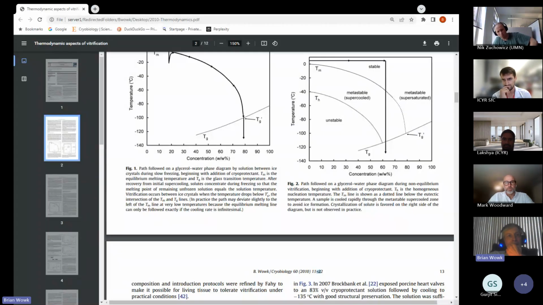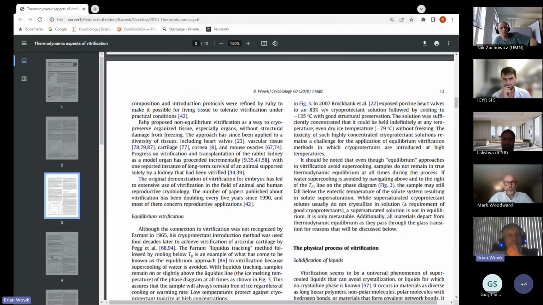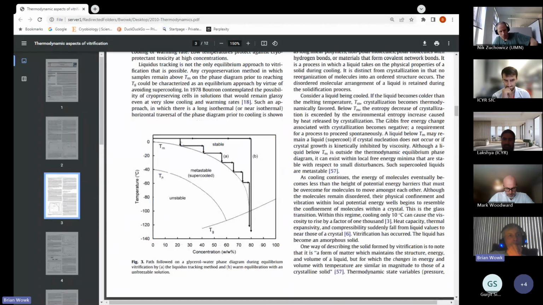But we don't go all the way down to like -40 like the liquidus tracking people do with multiple steps. But if you do, there's theoretically at least an advantage in terms of toxicity avoidance, because the low temperatures mitigate toxicity. So it's a different approach that allows you to modulate that extra variable.